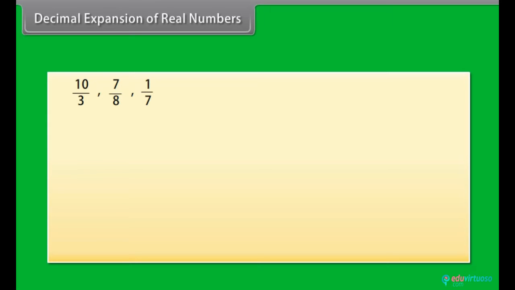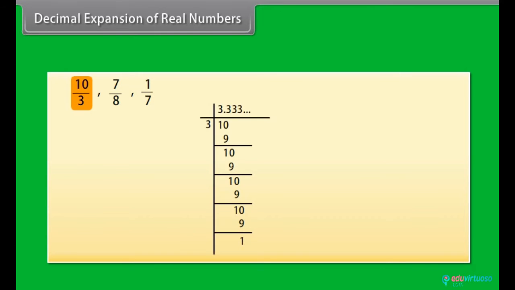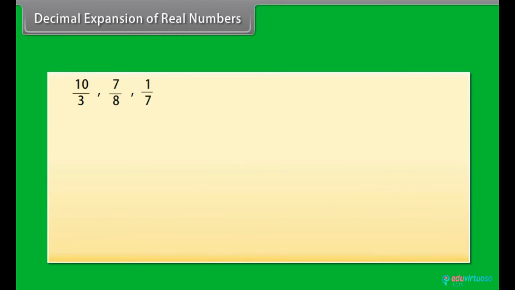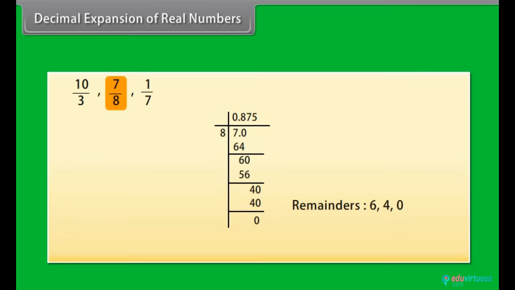Here we can see the decimal expansion of 10 by 3, where we get remainders 1, 1, 1, 1, 1. Similarly, the decimal expansion of 7 by 8 gives remainders 6, 4, 0.